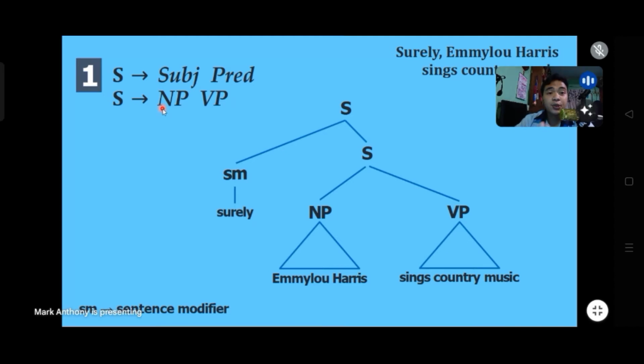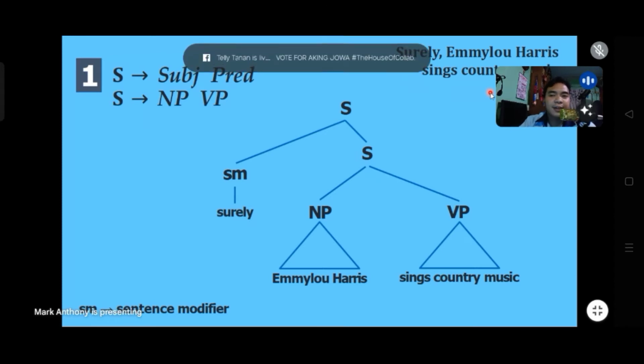The sentence is divided into two sub-constituents, the subject and the predicate, also known as noun phrase and verb phrase. So what we have here is a sample sentence. It is read as, "Surely Emmylou Harris sings country music." That's the first structure rule we have.